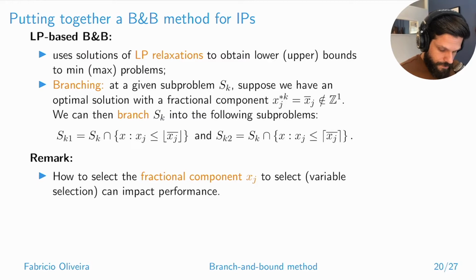Now, of course, it might be so that you don't have a single fractional component, and selecting which of those fractional components to use for this branching can affect performance. We'll see that there are some ways that you can specify them, but there is no winning strategy that's good for all problems.